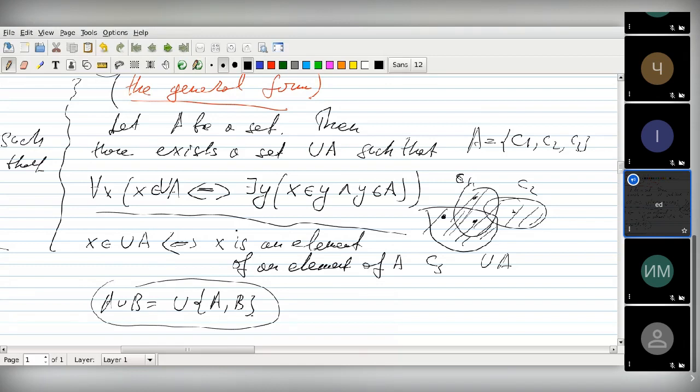The union of a set is the set of all elements of the elements of this set. So X, by definition, is an element of the union of A if and only if X is an element of some element of A.